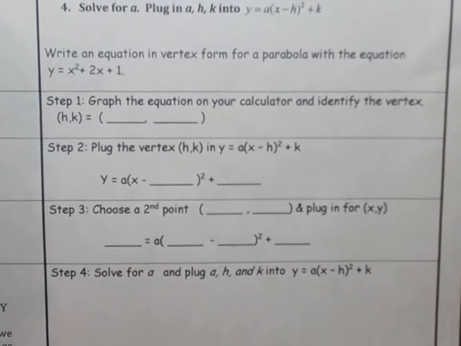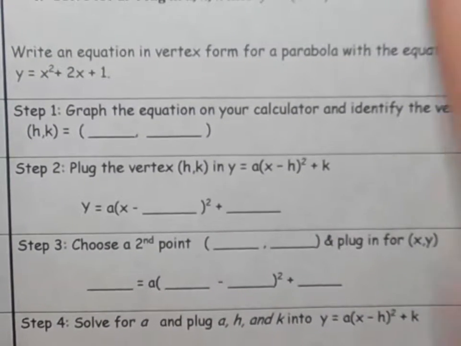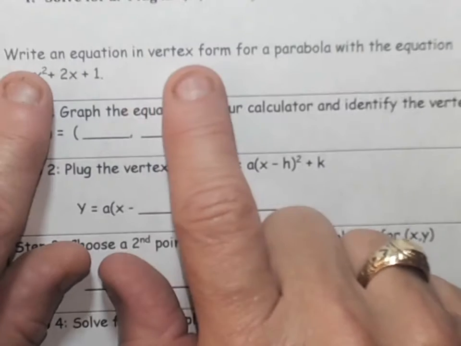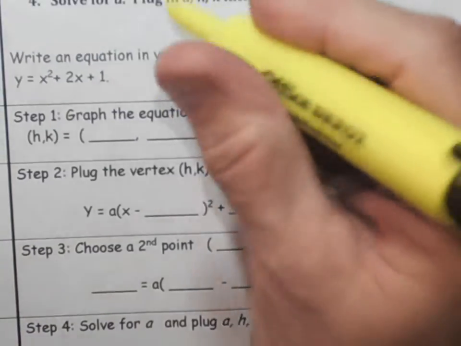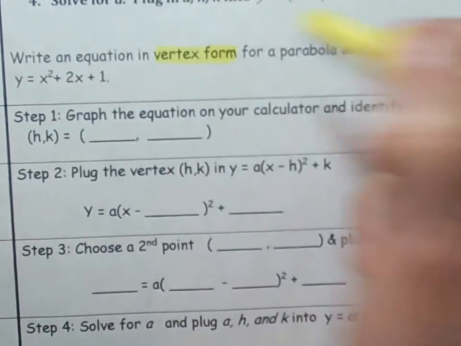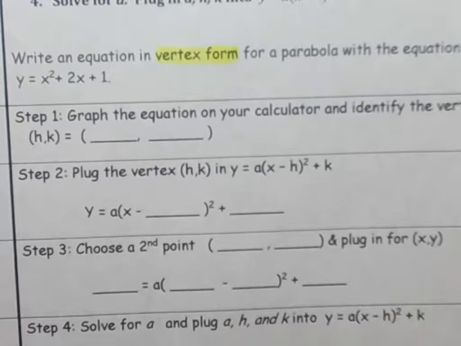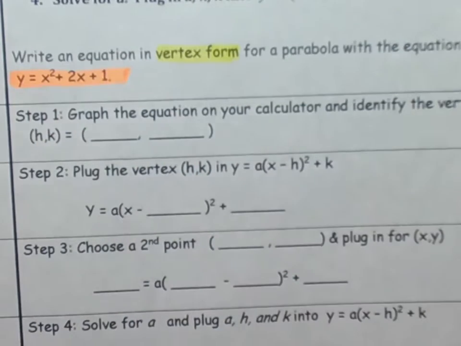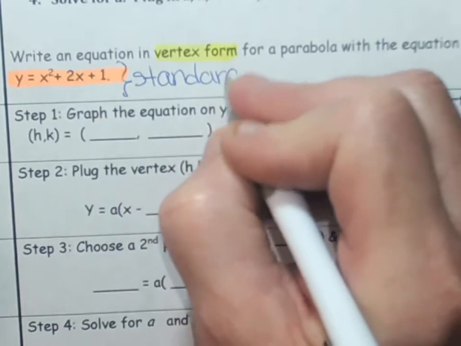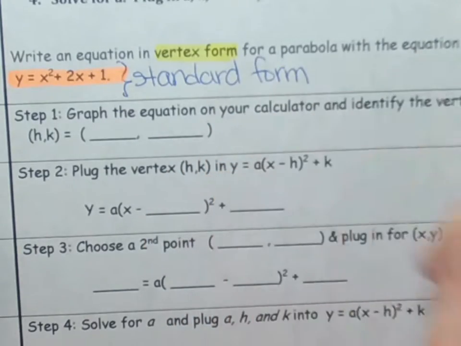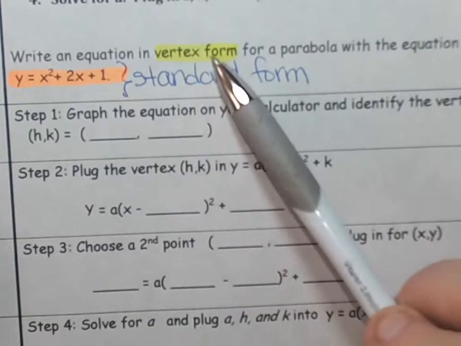The first example, and I'll zoom in a little so you can see it better. Our first example is to write in vertex form the equation of a parabola that is in standard form. Right here, y equals x squared plus 2x plus 1 is in standard form, and we want to rewrite it in vertex form.